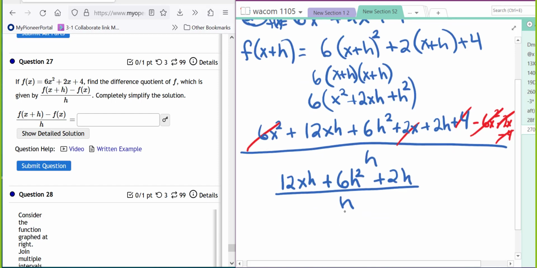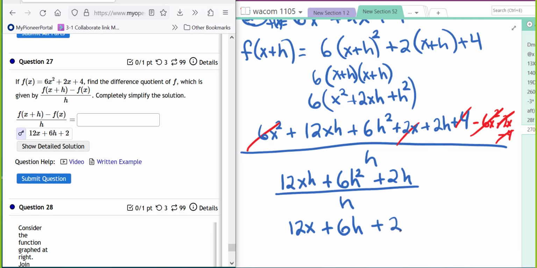So you can just divide it with the denominator, whichever you're more comfortable with. It will leave you 12x plus 6, and you got one of them left, and plus 2. So 12x plus 6h plus 2. Good. So I didn't make a little silly error. So you have to be real careful doing these, but it's not a hard thing to do.